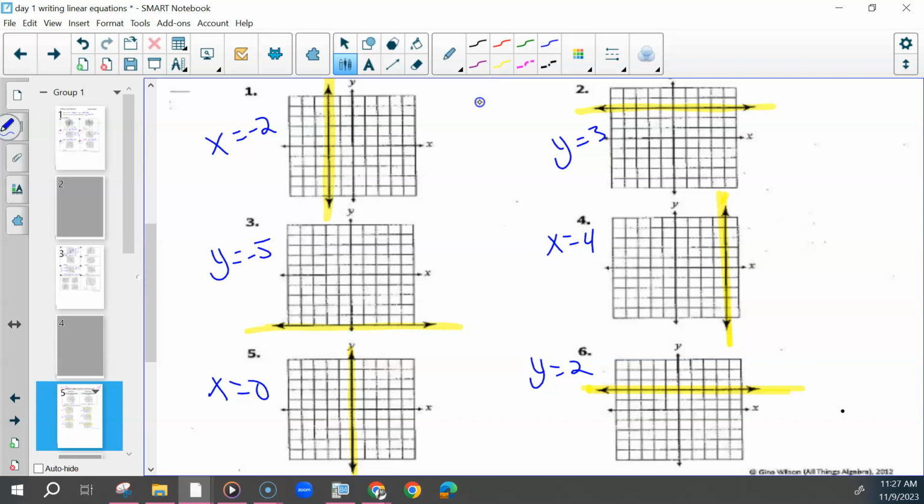Do you have any questions on those 6? So when we see these, we are no longer writing the slope, we're not graphing, we're not trying to find the x and y intercepts, you are writing the actual equation of the line. Go on to the next page.